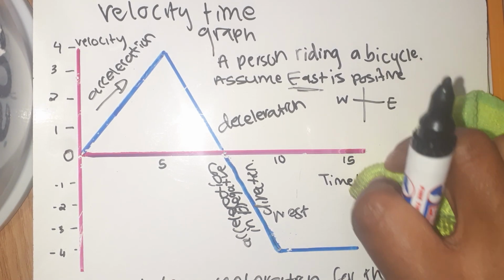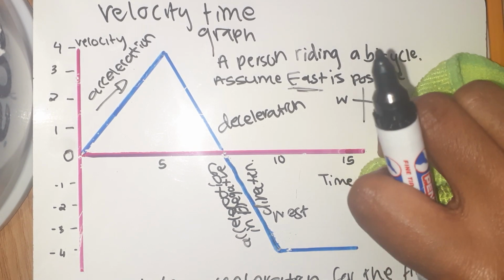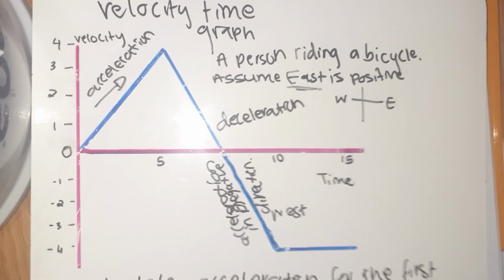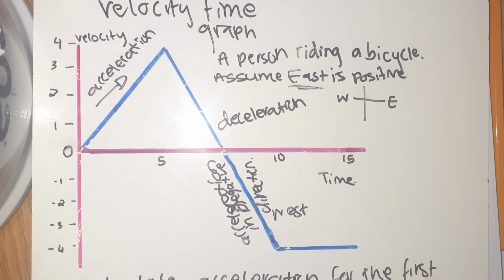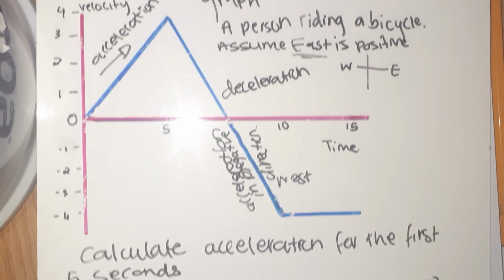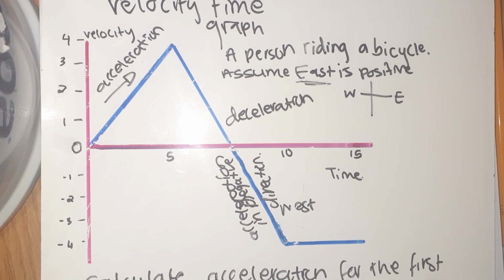But with graphs, displacement is quite different, especially with the velocity time graph. When you have a shape like this and you're asked, you need to calculate areas. So when you're talking about displacement, we're talking about area, right?